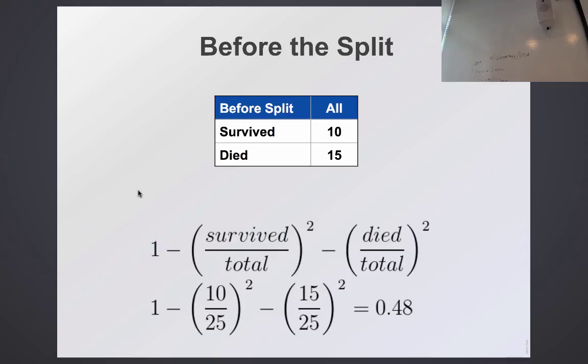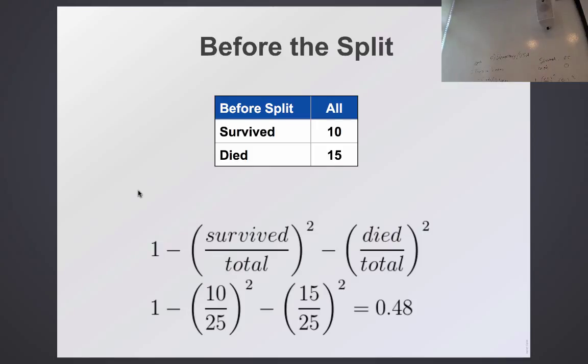What would make this the purest possible? Well, if I have survived and died, what if 25 people survived and 0 people died? What would the Gini index be? 1 minus survived over total, 25 over 25 squared, minus 0 over 25 squared, which is what? 0. Perfect. Pure.